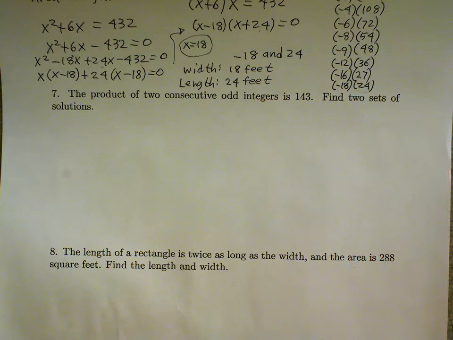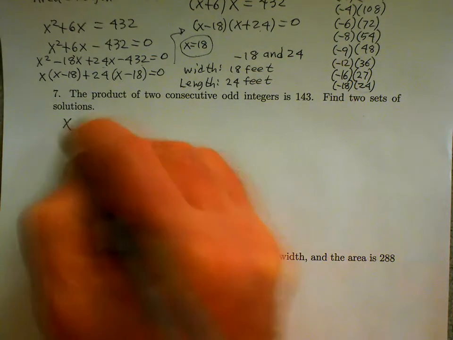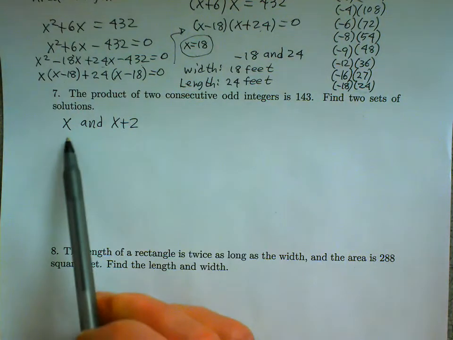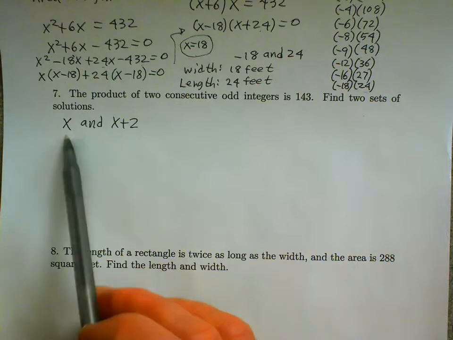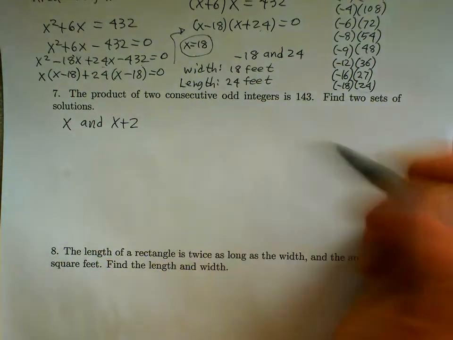Wouldn't that still be like x and x plus 2? Yeah, x and x plus 2, or x and x minus 2. I'll just say x and x plus 2. Because consecutive odd integers differ by 2. And then the product is 143.